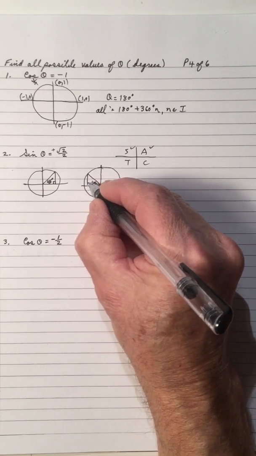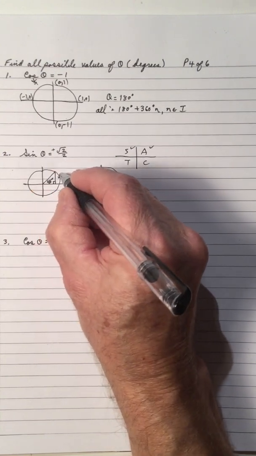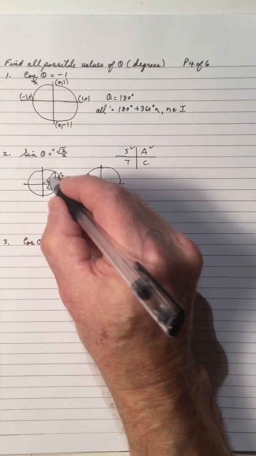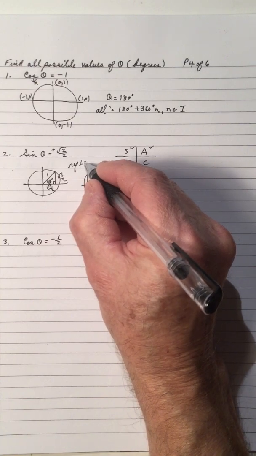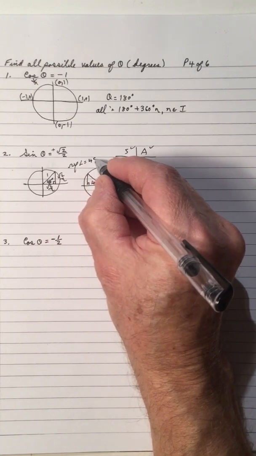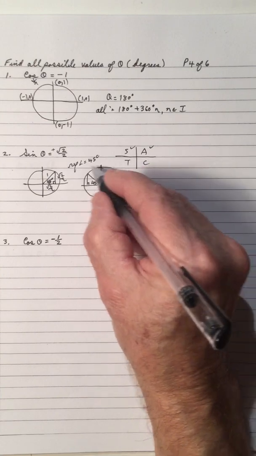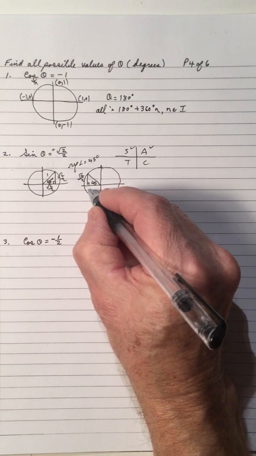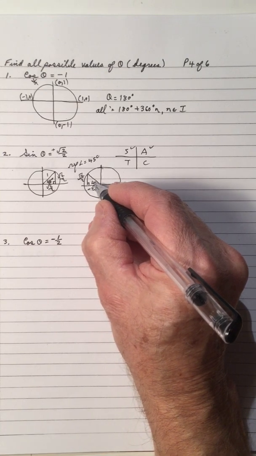If I drop the perpendicular to the x-axis, sine is the y, so y is √2/2, and this is 1, so the reference angle is 45. Reference angle here is 45 also, because sine is √2/2, which is the y. The x is -√2/2, but the reference angle is 45.